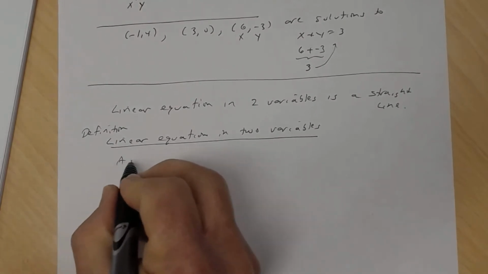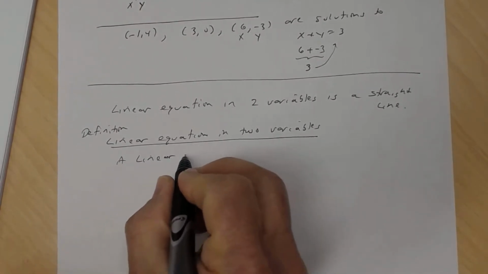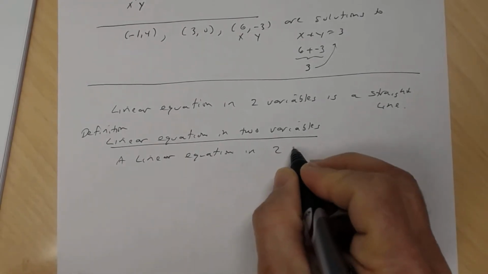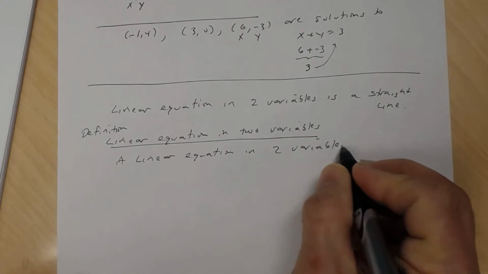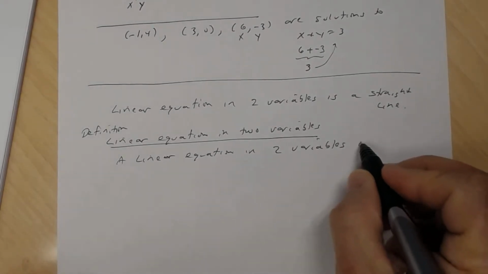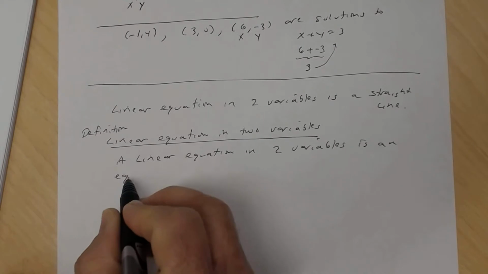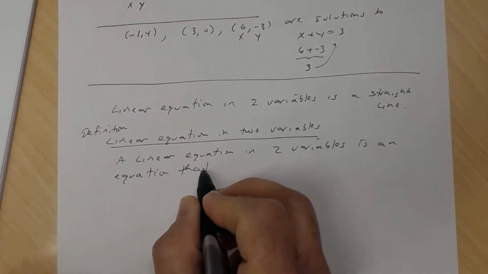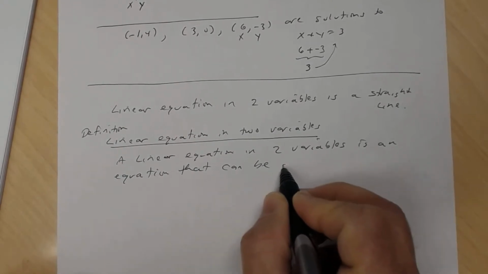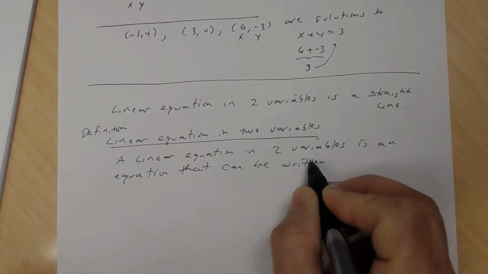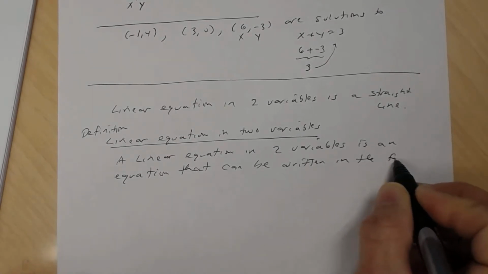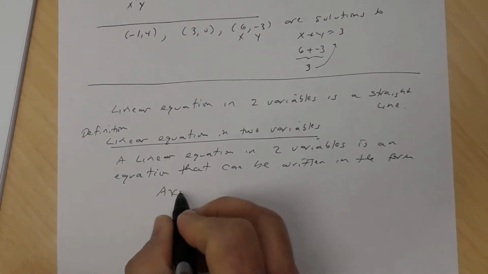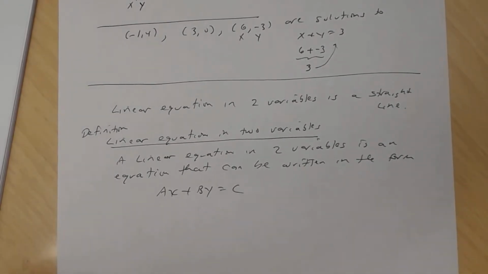A linear equation in two variables is an equation that can be written in the form ax plus by equals c.